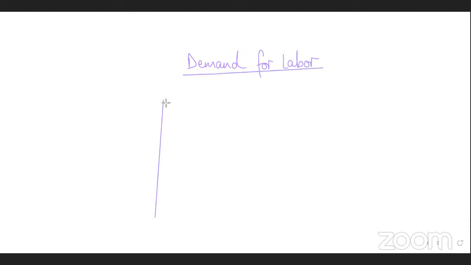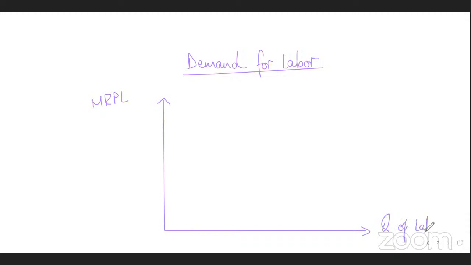If you remember, we looked at the labor demand curve. On the y-axis, we had MRPL, marginal revenue product of labor, which is the additional revenue that each unit of labor is generating, and on the x-axis, you will have quantity of labor. Now, due to diminishing marginal product of labor, what is that?